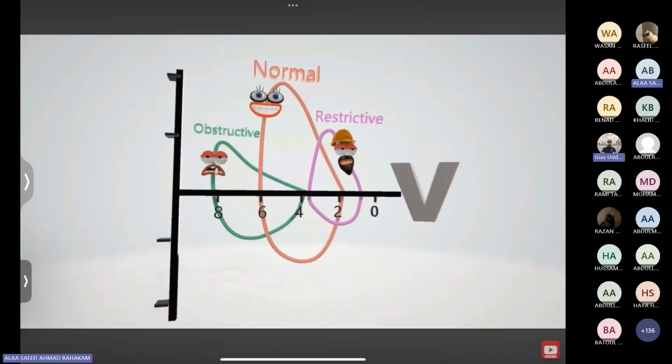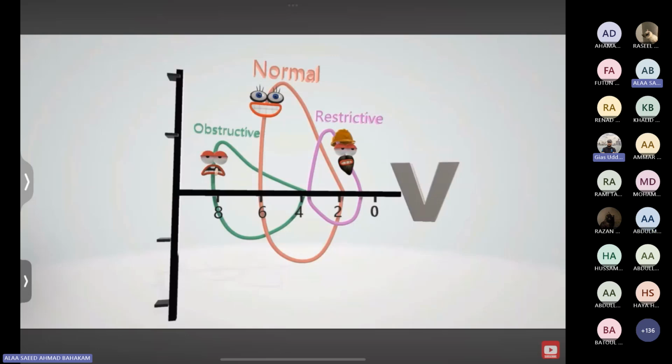So obstructive and the restrictive. In the normal, from this figure, what is the total lung capacity? From this picture, 6 liter. 6 liter. Very good. In the normal, what is the residual volume? Zero to 2 liters? So 2 liter.